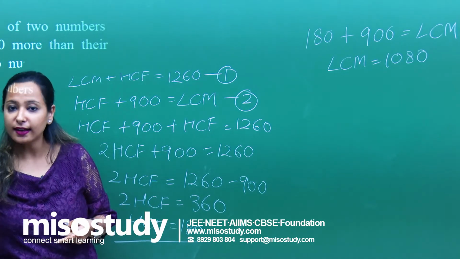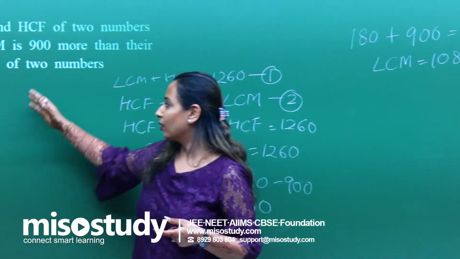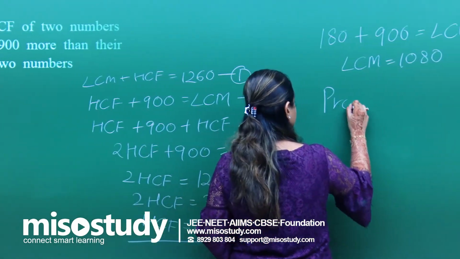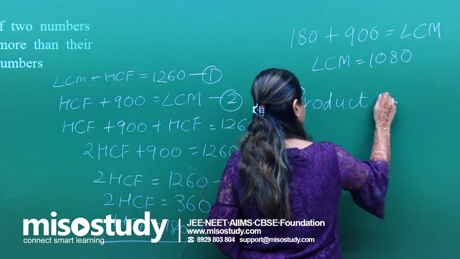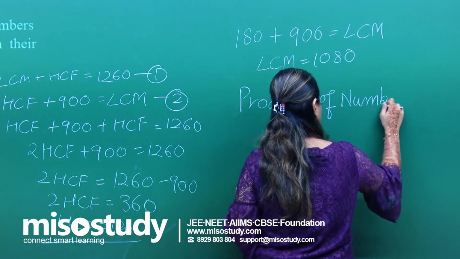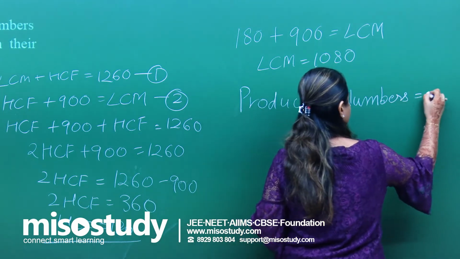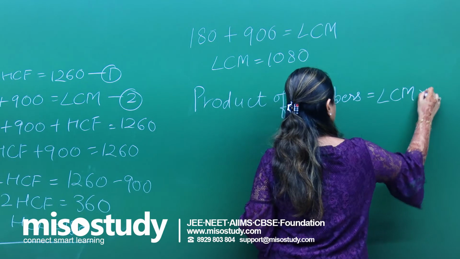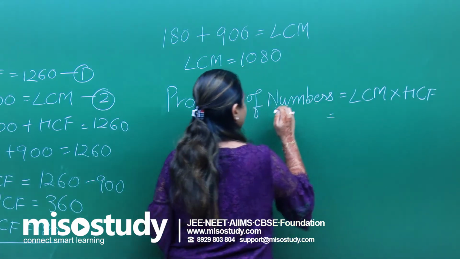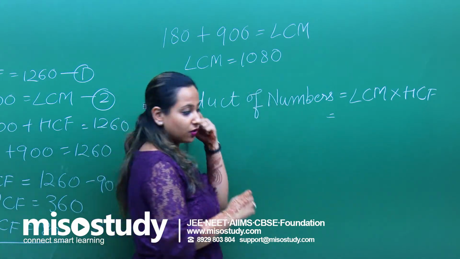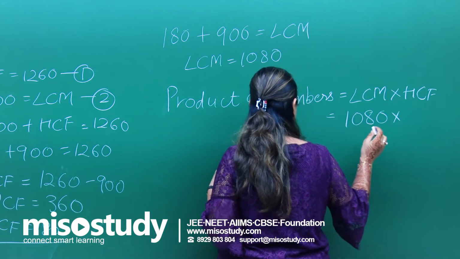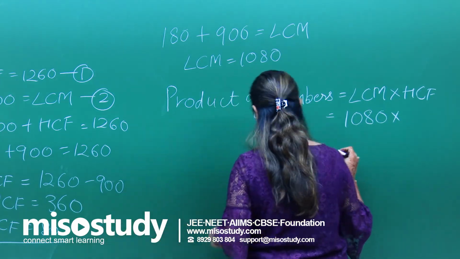Now we have calculated LCM and HCF, and we also know that the product of numbers is equal to the product of LCM and HCF, and we need to calculate the product of numbers. So the product of numbers will be LCM, which we have already calculated as 1080, and HCF, which we have calculated as 180.